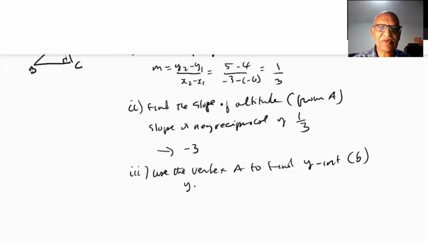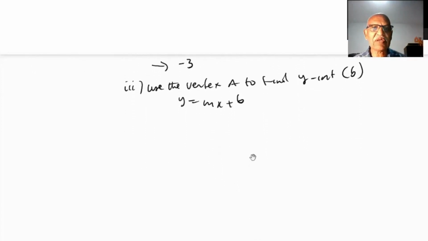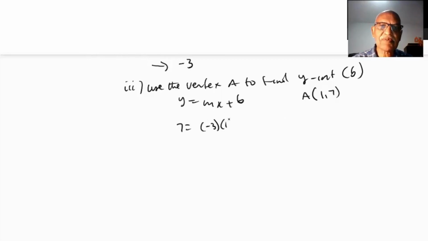Therefore, I have y equals mx plus b. I know m already. I use the point which is A. We know that the coordinates of A were 1, 7. So I use 7 equals 9 times 1 plus b.